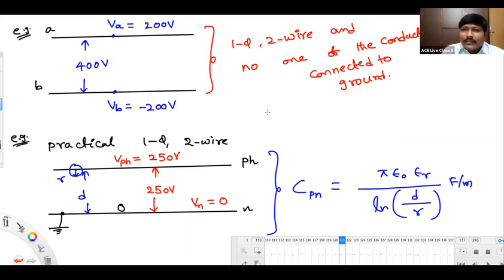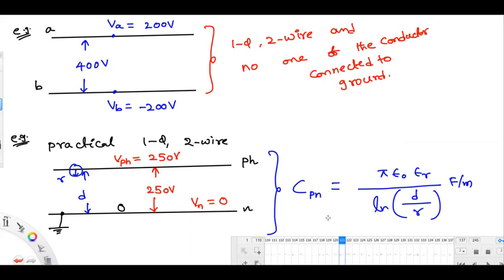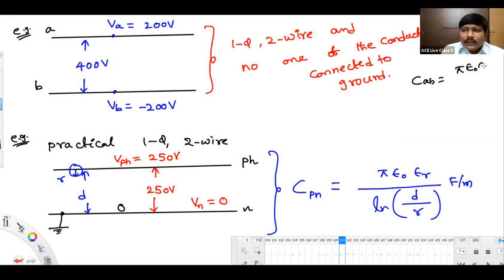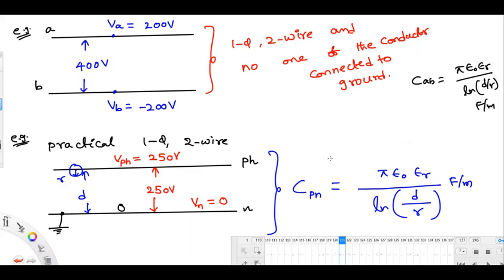Already we have written CPN, phase to neutral. Between two conductors only we are taking the capacitance value. Here also, CAB, if you write, is pi epsilon naught epsilon r by ln of d by r. Okay, sir. Thank you, sir.